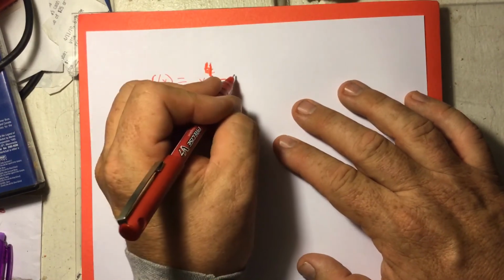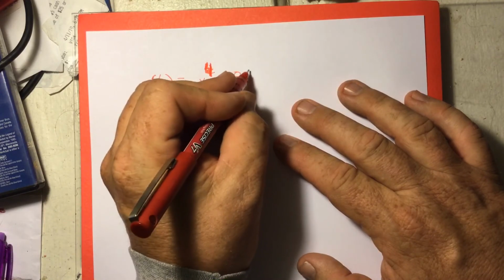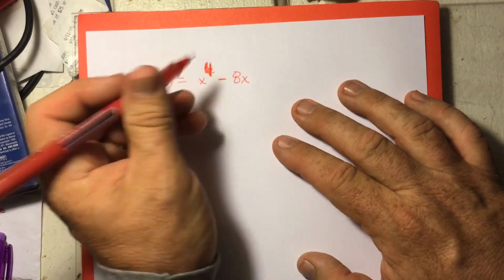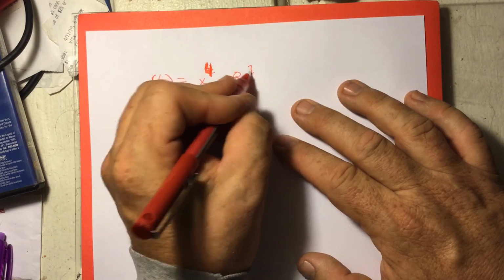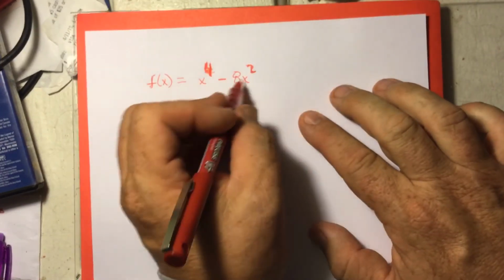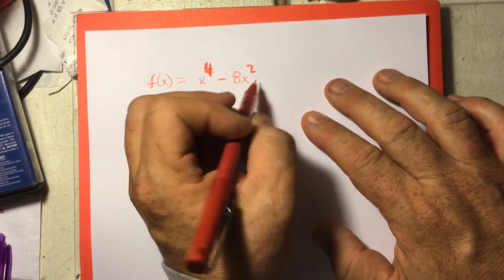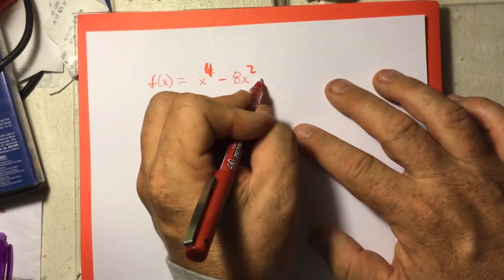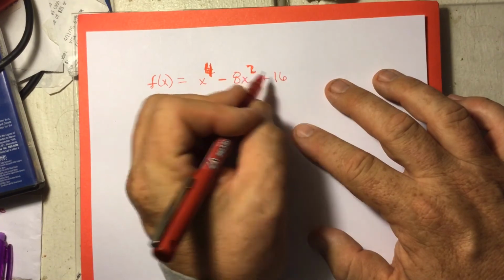Negative, let's say 8x squared, let's just do this one, 8x squared plus 16.